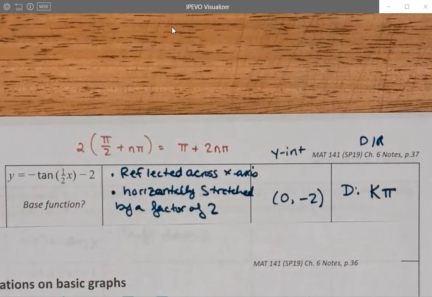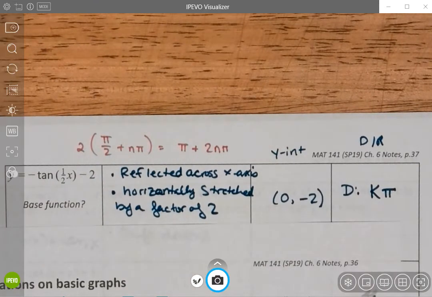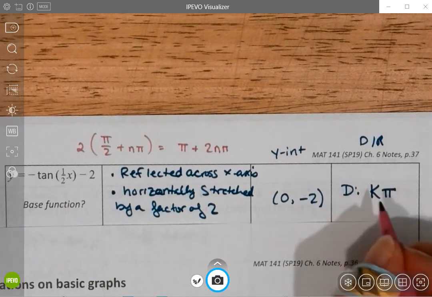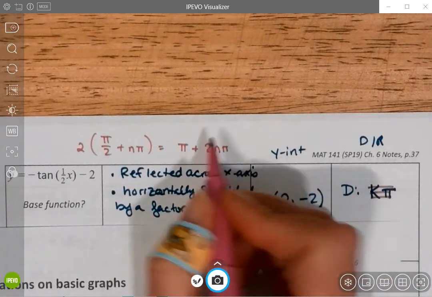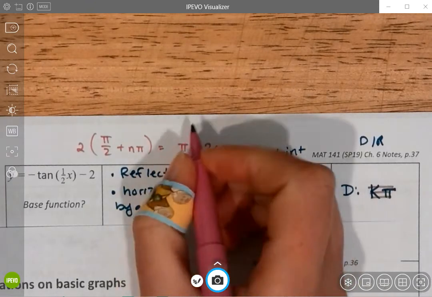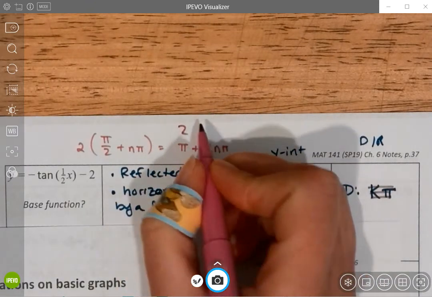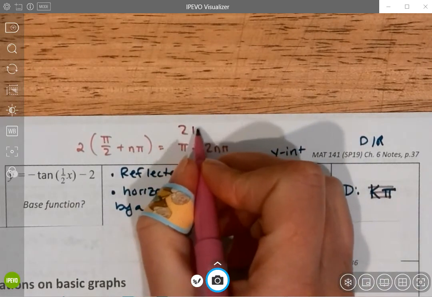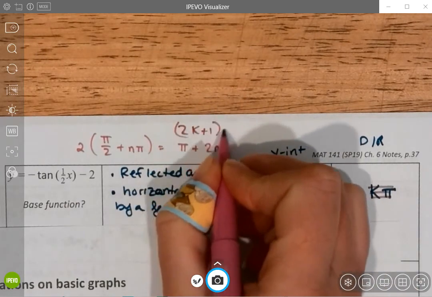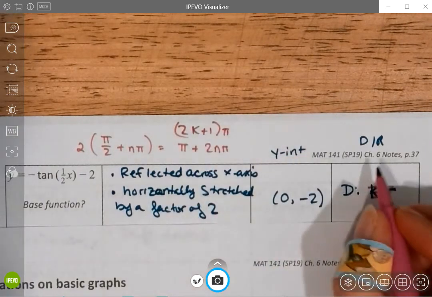Let's see. So actually, I did not do that part correctly. We're going to modify that. Because I have pi plus 2n pi, that's going to simplify to, it's odd, right? Because that's even plus 1 is odd. So it's going to simplify to (2k plus 1) pi. It's just the odd multiples of pi.